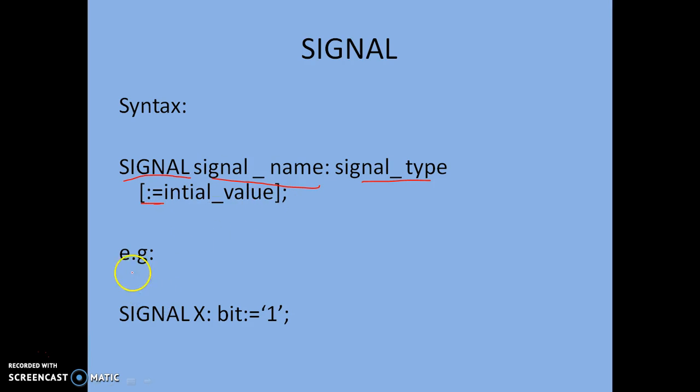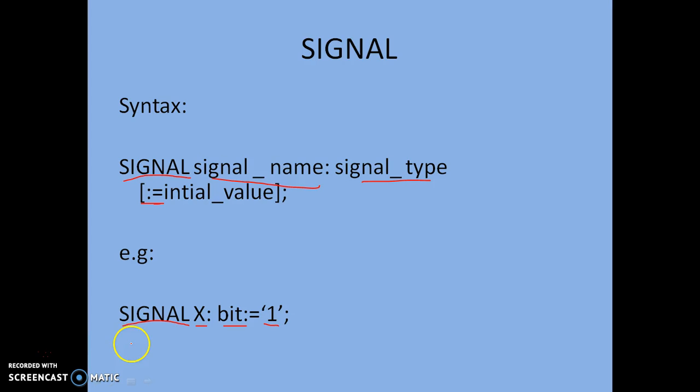For example, SIGNAL X : bit := 1, where X is the signal name, bit is the data type and 1 is the initial value forced to signal X.